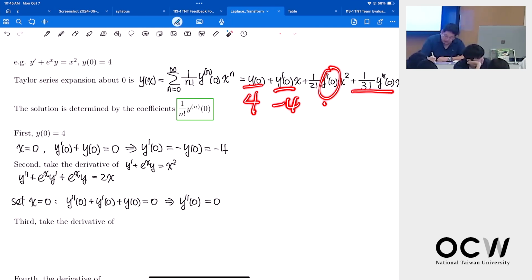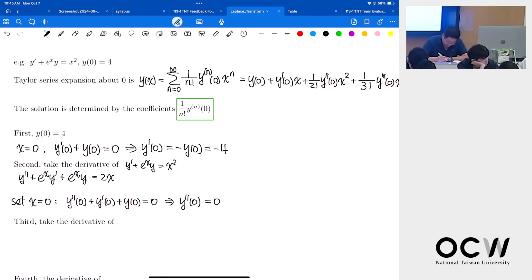And then next, we need to find the coefficient of y triple prime of 0. So I need to take the derivative of this equation.